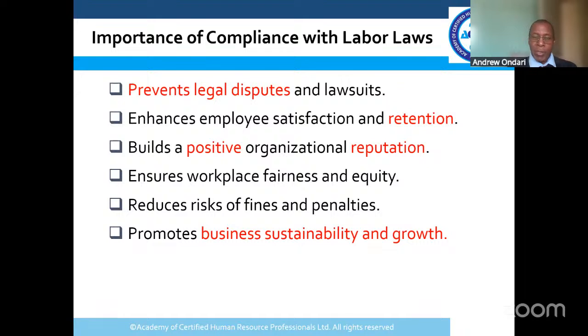So what we are saying is that an organization can continue surviving if it complies with all the laws, because employees have a right to go to courts and seek redress or compensation.